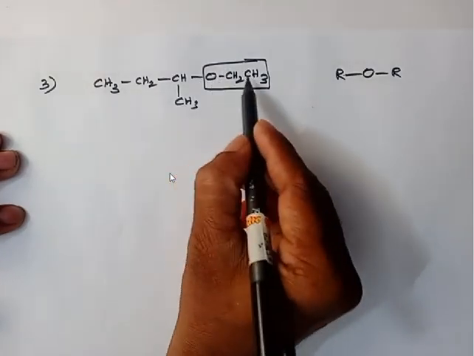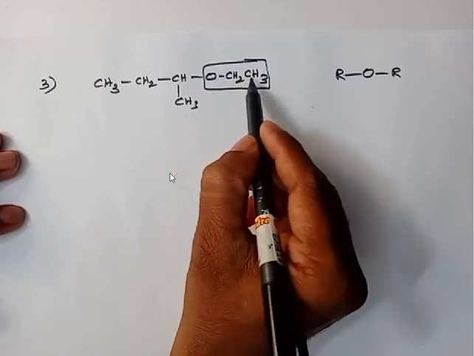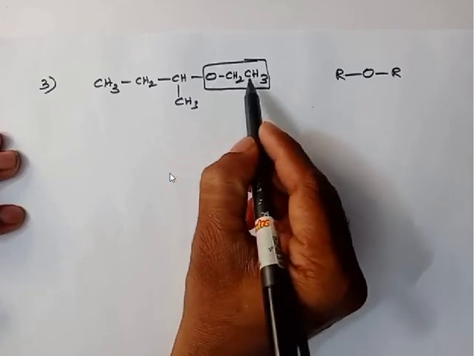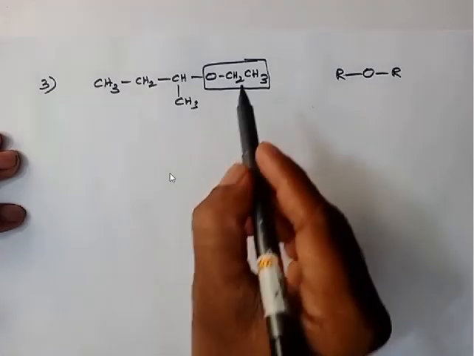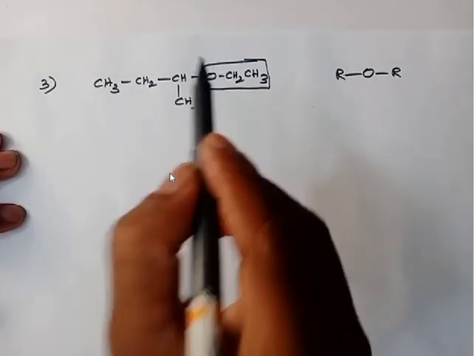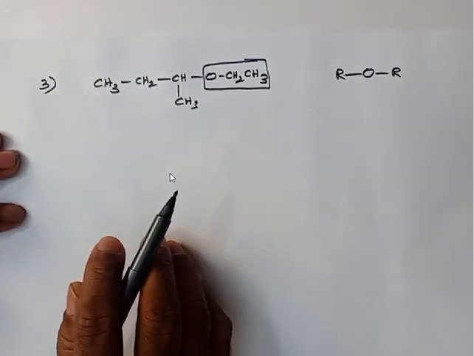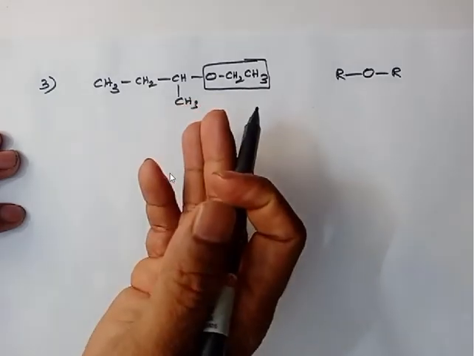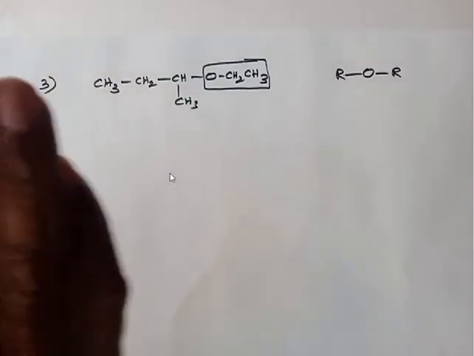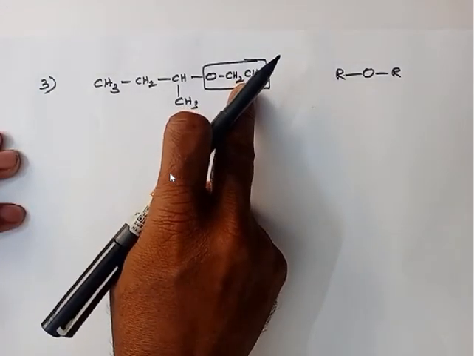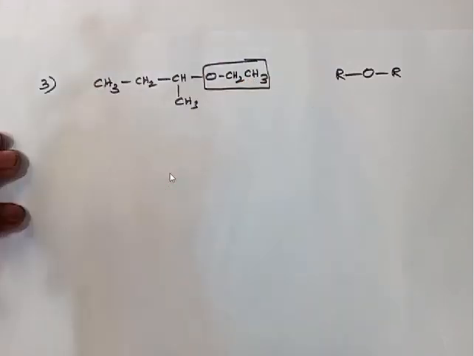We call this group the ethoxy group. Ethyl group, oxygen, so it is called ethoxy. And that should be treated as a substituent. Alkoxy groups always come in the secondary prefix, so it should be named first.